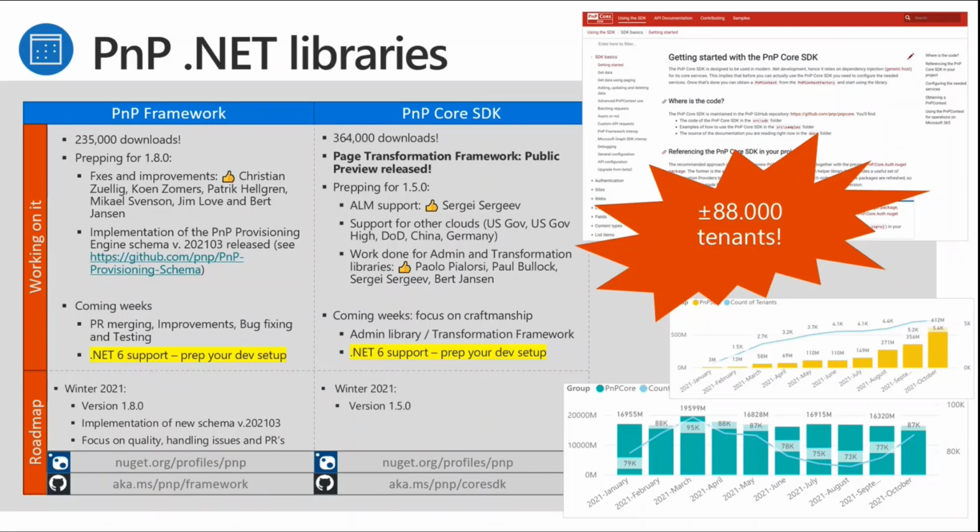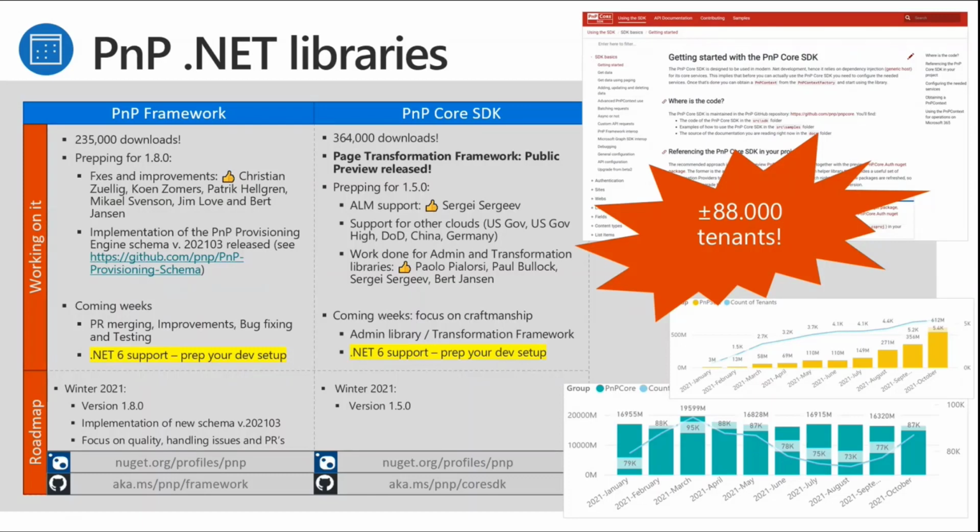Thinking about the PnP Core SDK, huge numbers there as well, 364,000 downloads. That's a huge number. We have now the PnP page transformation framework in public preview, and we are preparing the 1.5 version of PnP Core SDK, which will include the ALM support, thanks to Sergey for providing it.